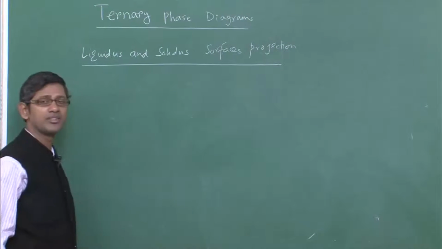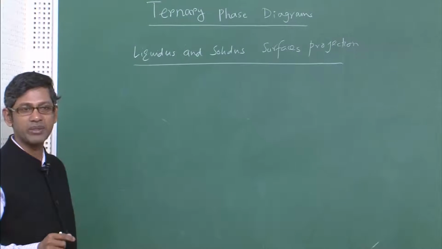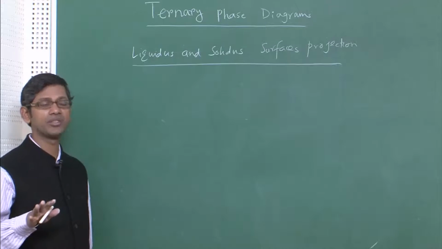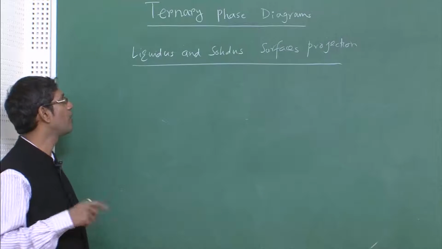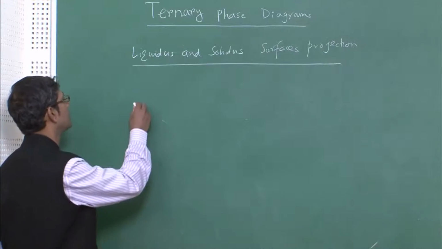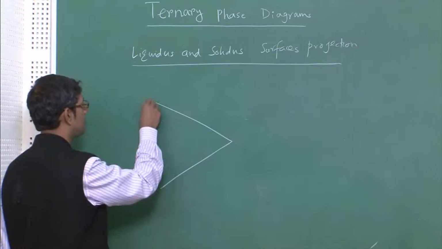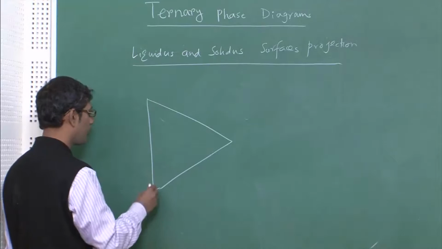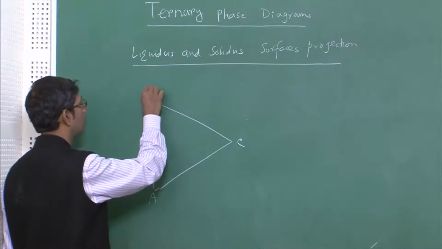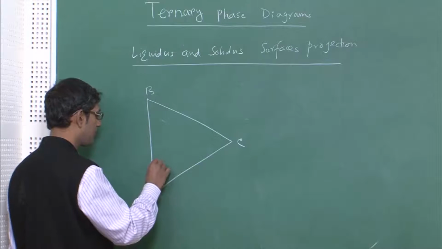So, I have only discussed the isothermal sections, and then the tie line concept came, and that is what we discussed in detail. There are several more projections possible. The second projection is that the liquid and solid surfaces can be projected onto the triangle. Suppose I have a 3-dimensional model and I want to project the solidus and liquidus surfaces at different temperatures.